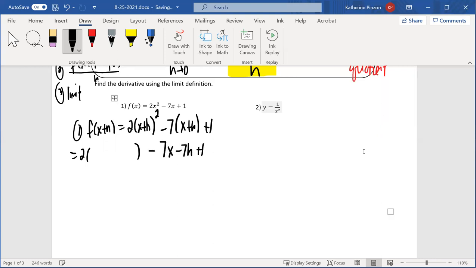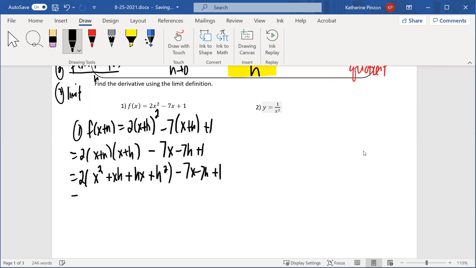And then how do I do x plus h squared? Yeah, FOIL it out, right? If I want to do x plus h squared, I have to do x plus h times x plus h. So x times x makes x squared. X times h makes xh. H times x makes hx. And h times h makes h squared. I can simplify inside the parentheses first, or I can distribute the 2, whichever order you want to do it.